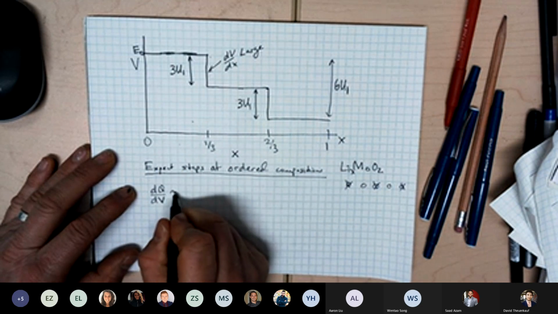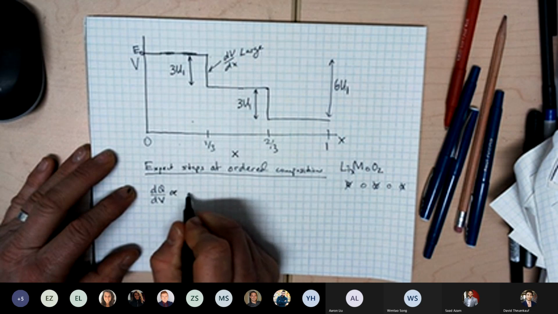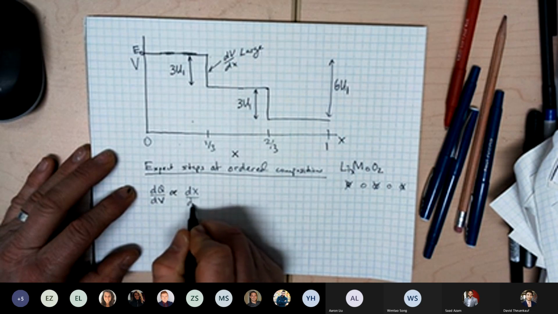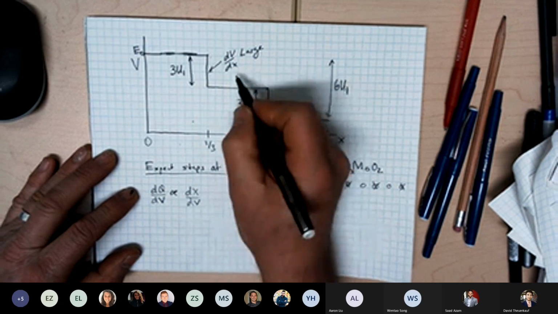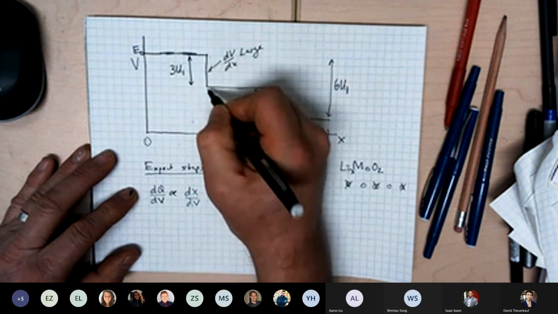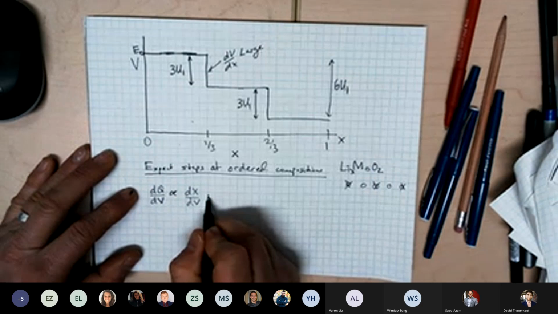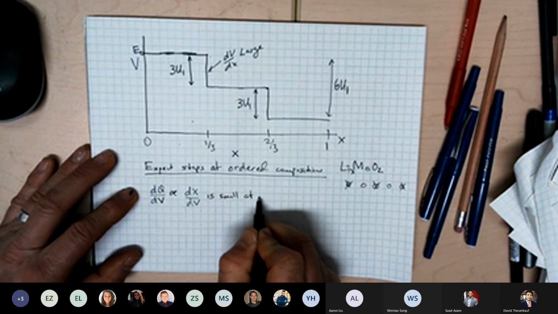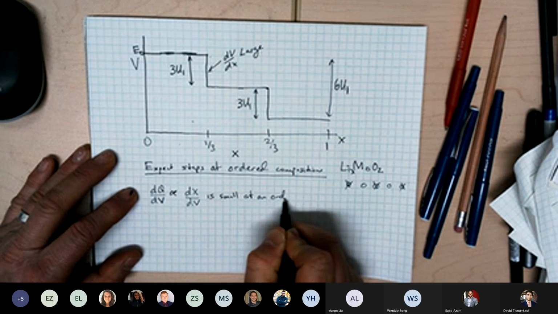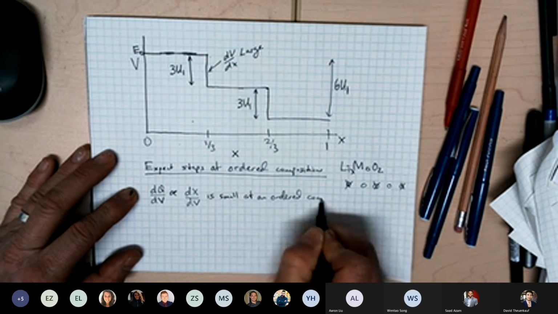So dq dV is proportional to dx dV, and dx dV will be 0 or very small at an ordered composition.